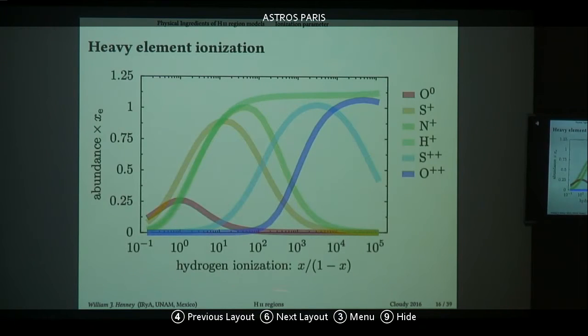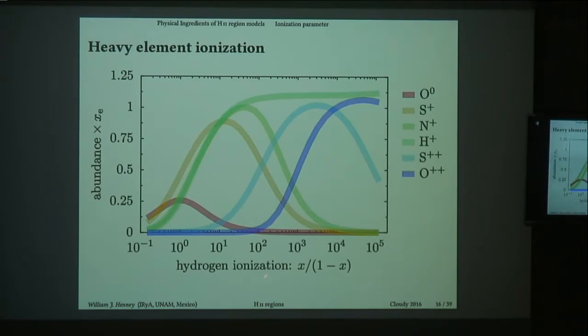Heavy elements in general is more complicated, but if you assume a certain ionizing spectrum, then generally the ionization of any other element for a certain shape of ionizing spectrum is, at least to zeroth order, a function only of the ionization parameter as well, so is also a function of the degree of ionization of hydrogen.